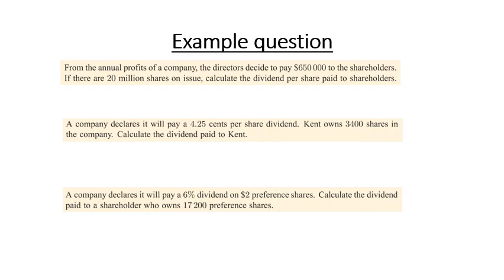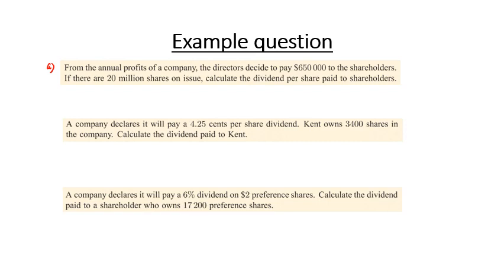So let's have a look at some example questions. The first one says, from the annual profits of a company, the directors decide to pay $650,000 to the shareholders. If there are 20 million shares on issue, calculate the dividend per share.